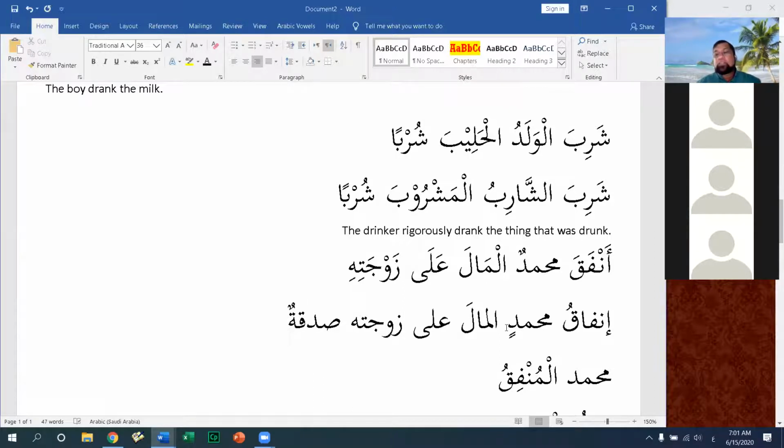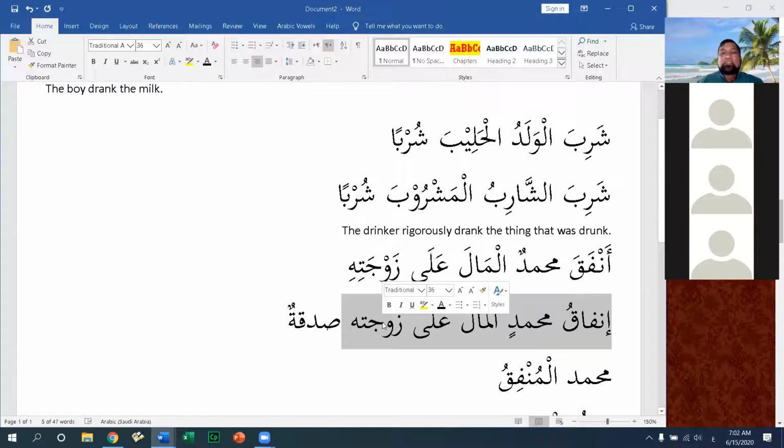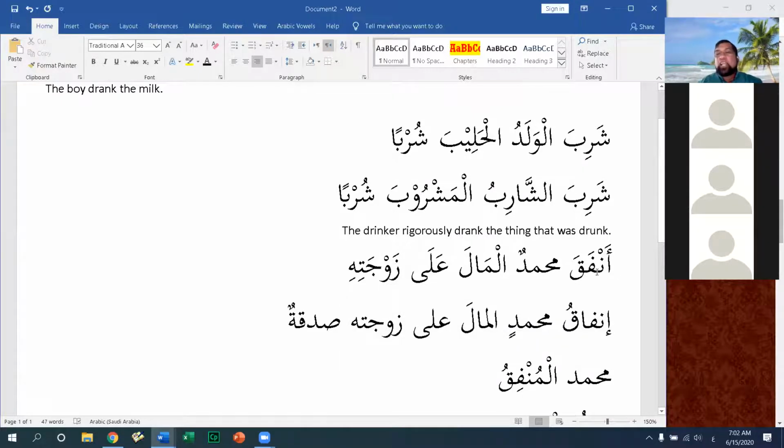So let me explain what I just did here. The way we'll analyze this, we would say إنفاق محمد المال على زوجته is the مبتدأ and صدقة is the خبر. So I changed the verbal sentence, الجملة الفعلية, to a جملة اسمية by removing the verb and putting the masdar instead.